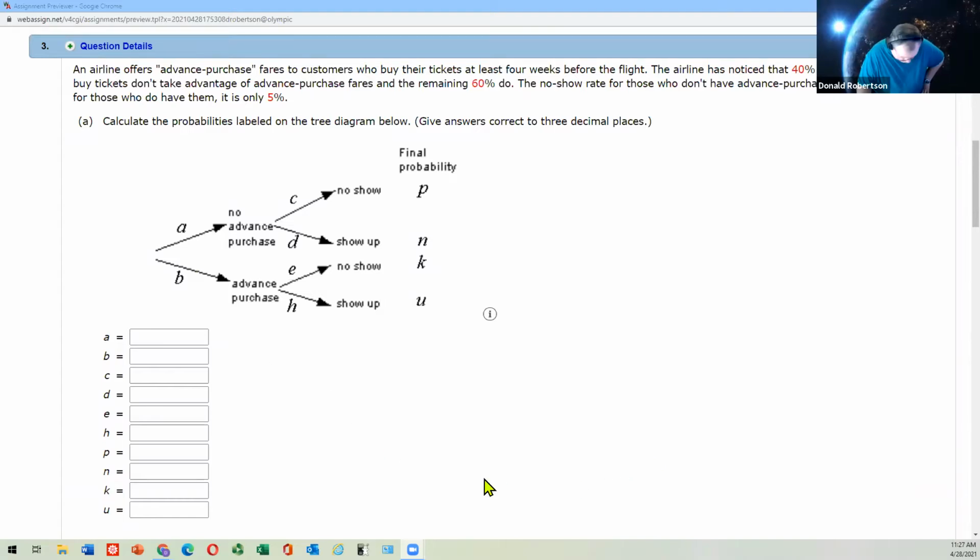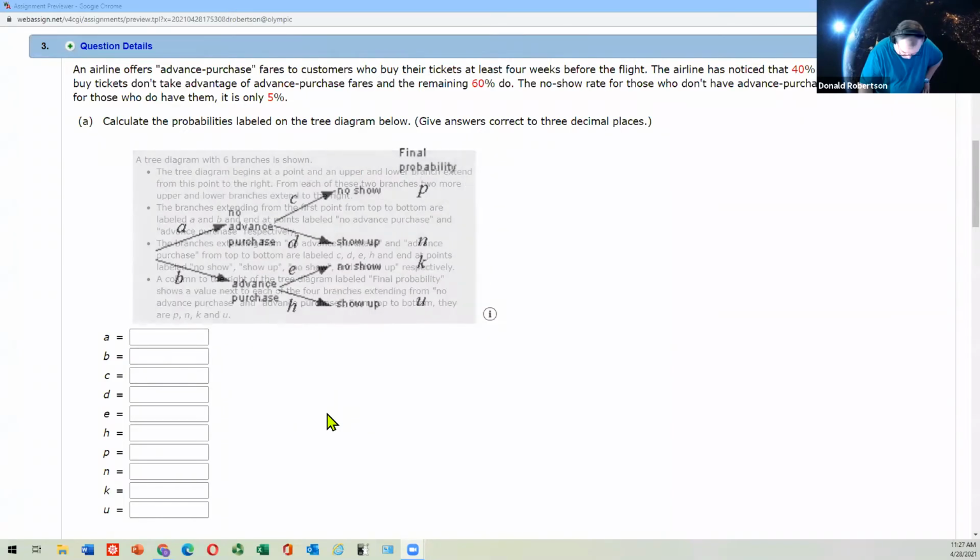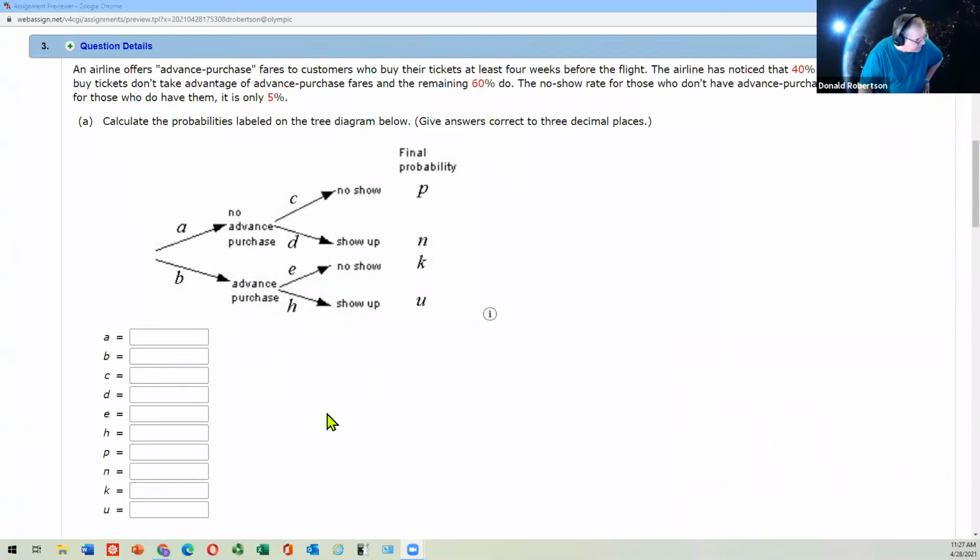Yeah. Now, A was shooting space. I did advanced purchase at the top and not advanced purchase at the bottom. Not a big deal, right? So in my case, the no advanced purchase people would be A, and that's 60.